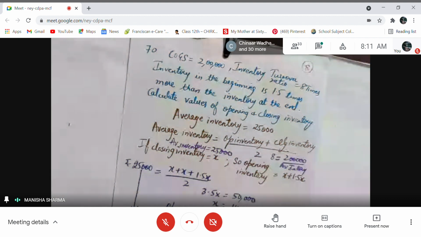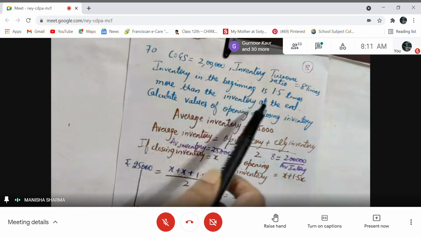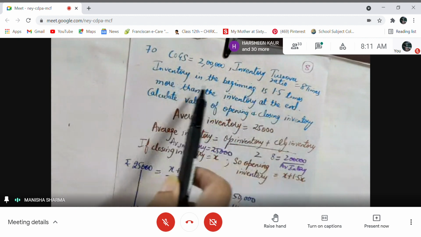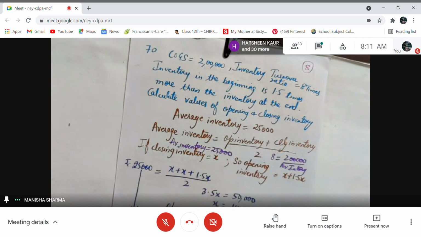divided by 2. Now let's assume, since it is given in the question, that inventory in the beginning is 1.5 times more than the inventory at the end. So if I take closing inventory as X, then opening inventory will be, as given in the question, 1.5 times more than the closing.